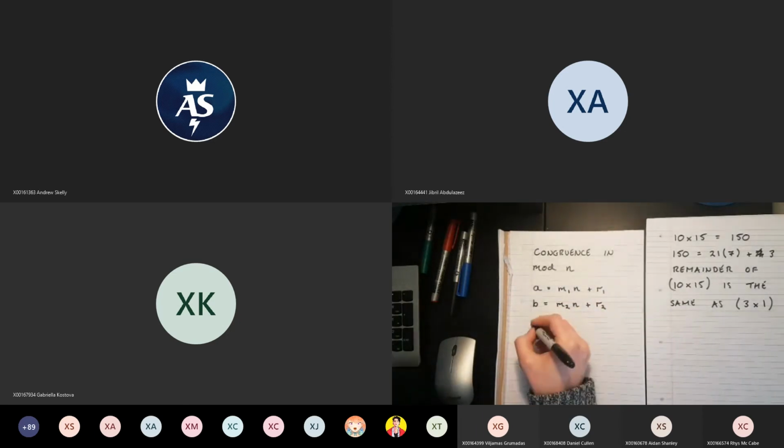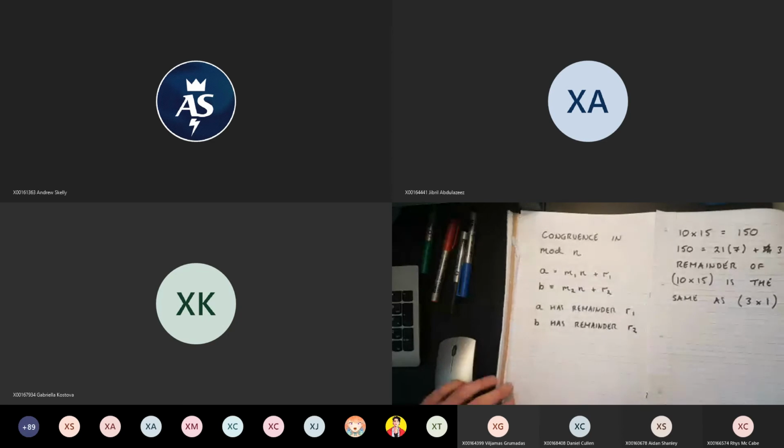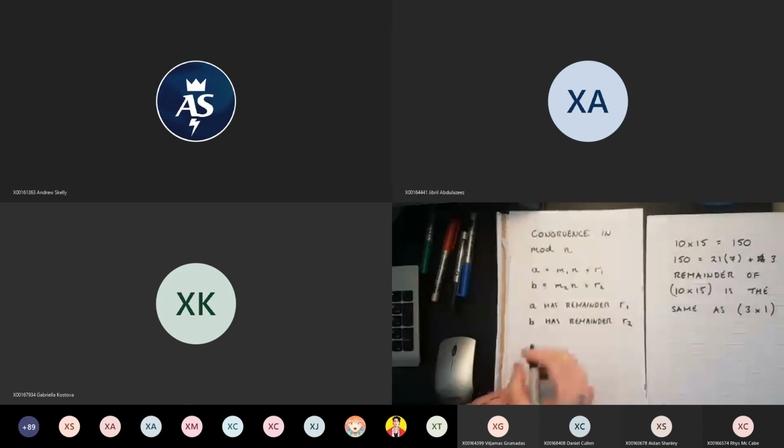So that means a has remainder r1, and b has remainder r2. Now let's have a look at what happens when I add these numbers together. If I add a and b together, say if I just take addition.